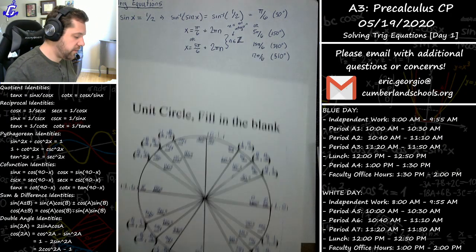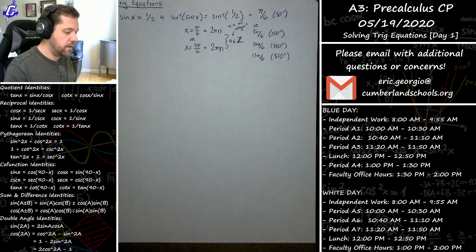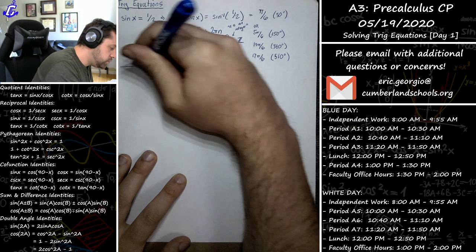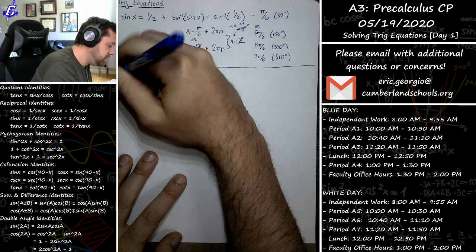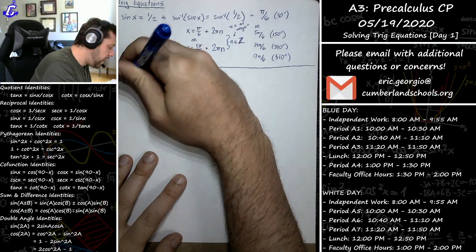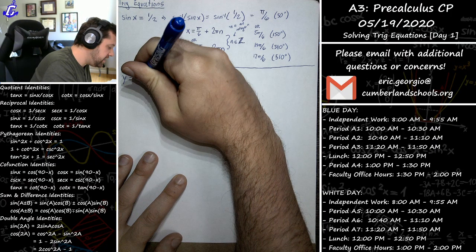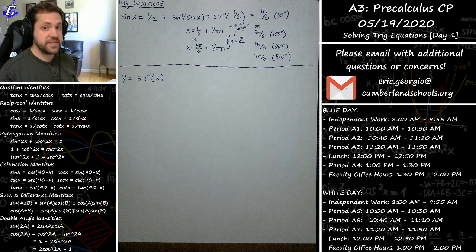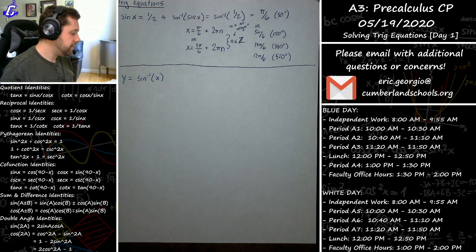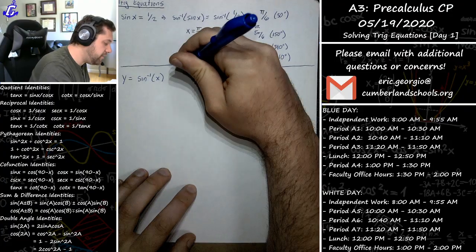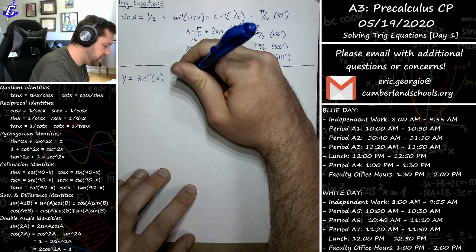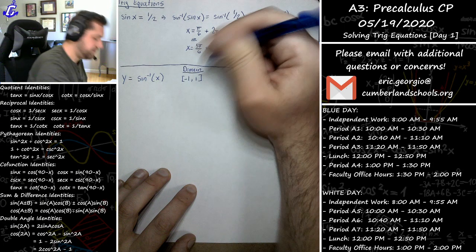Okay? Here's our fun unit circle. In short, we have this function of y equals the sine inverse of x. Okay? If I am taking the sine inverse, the domain of that function is from -1 to 1.